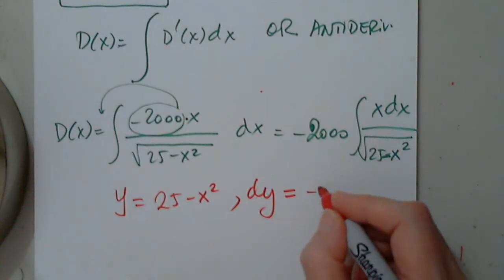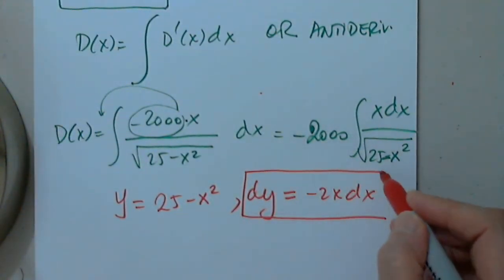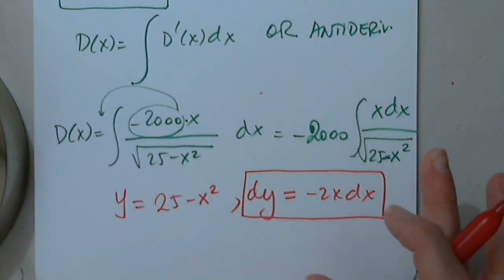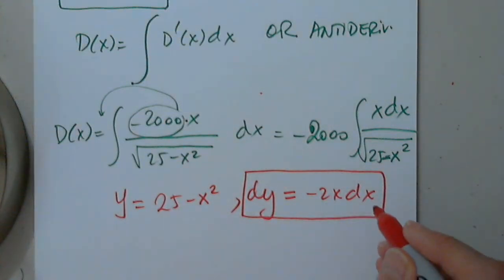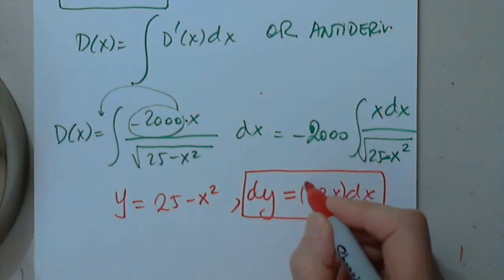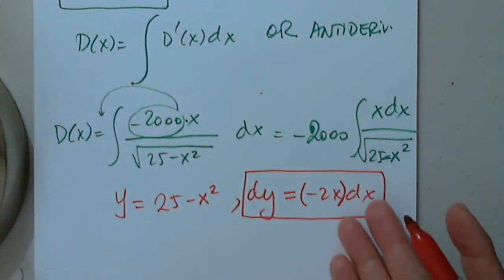Negative 2x dx. Brilliant, thank you so much. Please remember dy, as you just said to me. I need the derivative of this function, but times dx. If the derivative will have two terms, I have to put this in parentheses. Because it only has one term, there is no need, it's not a mistake.